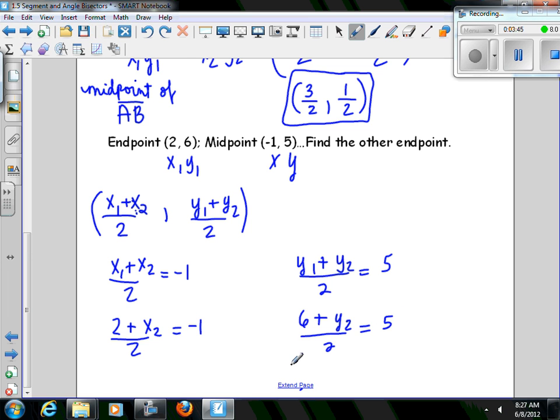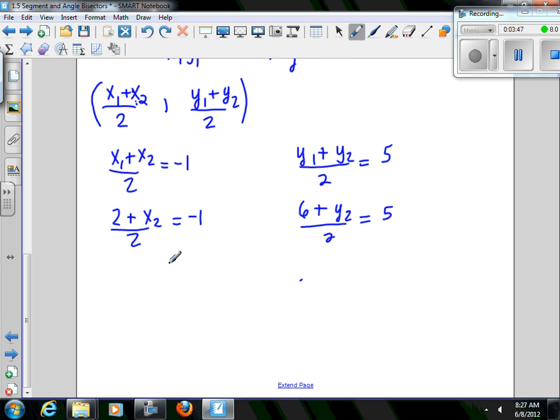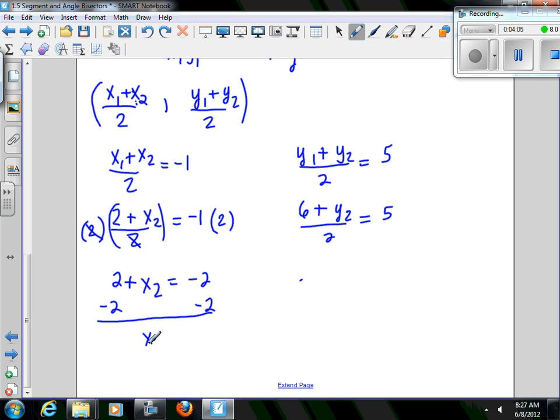And now we have to just solve these equations to find our missing numbers. Well, first of all, if you multiply each side by 2 in the first one, your 2's cancel. So you have 2 plus x2 equals -2. Subtract 2 from each side. So we have x2 equals -4.